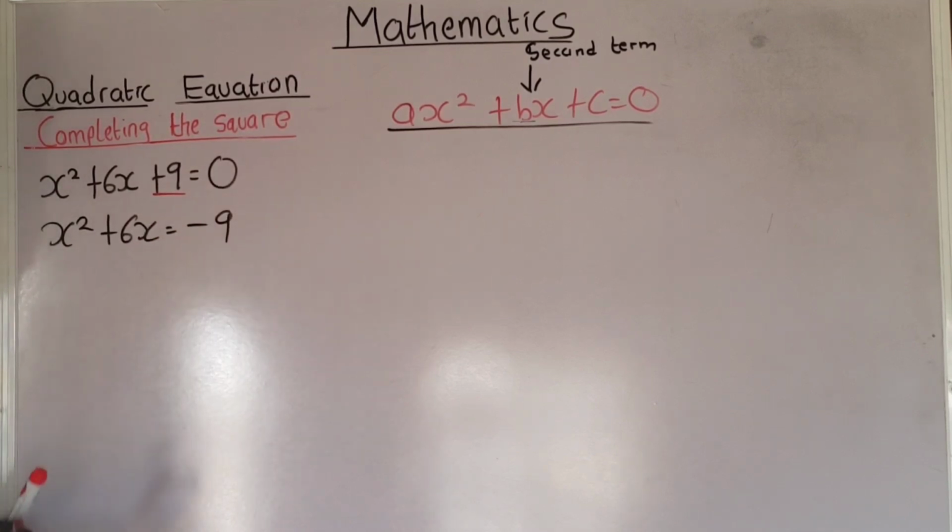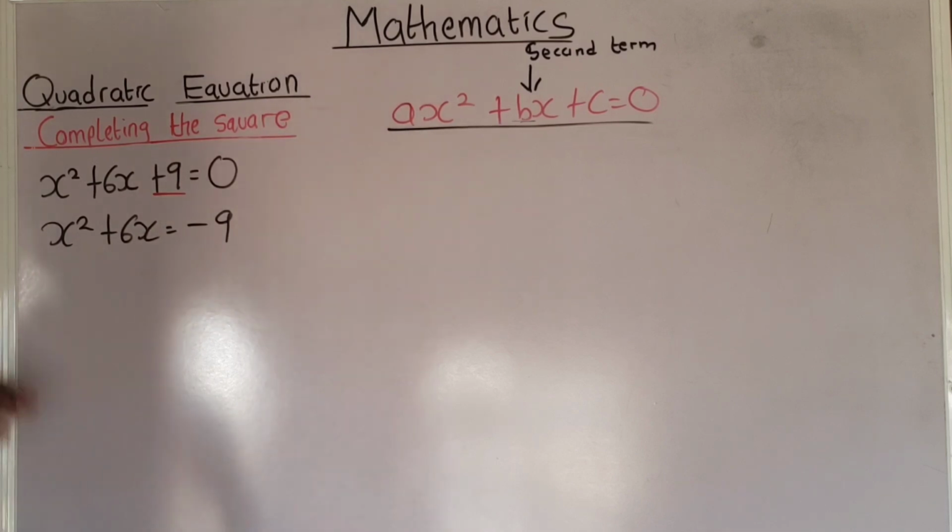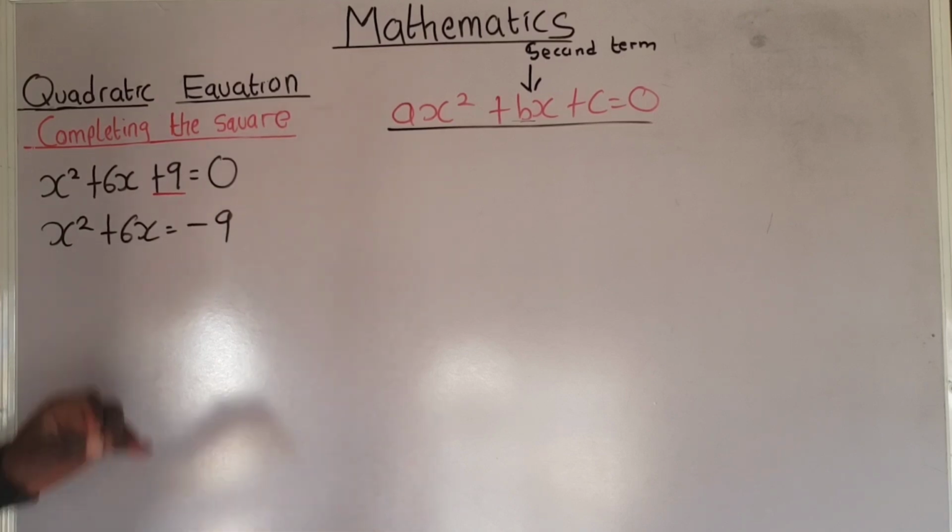Now, if you look at this quadratic equation, the coefficient of x squared is unity, because the coefficient of x squared is 1. So in this quadratic equation, there is no need to divide all through by the coefficient of x squared.